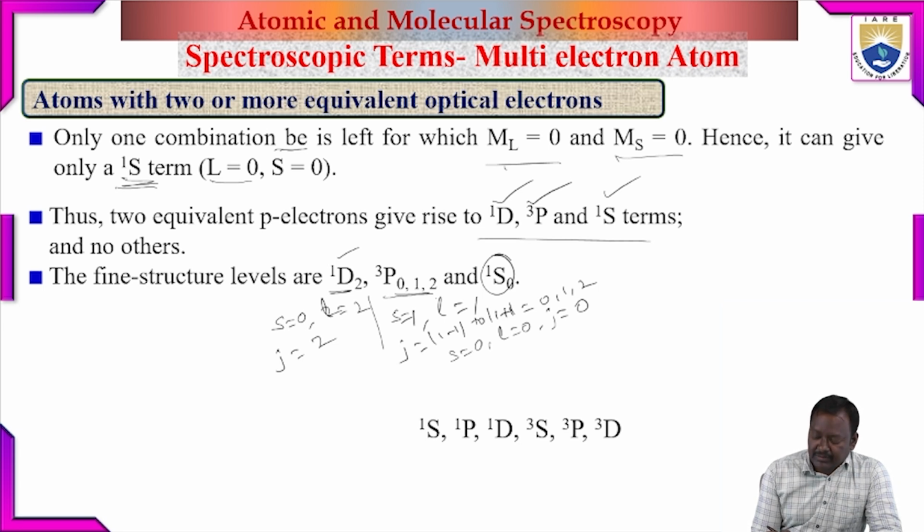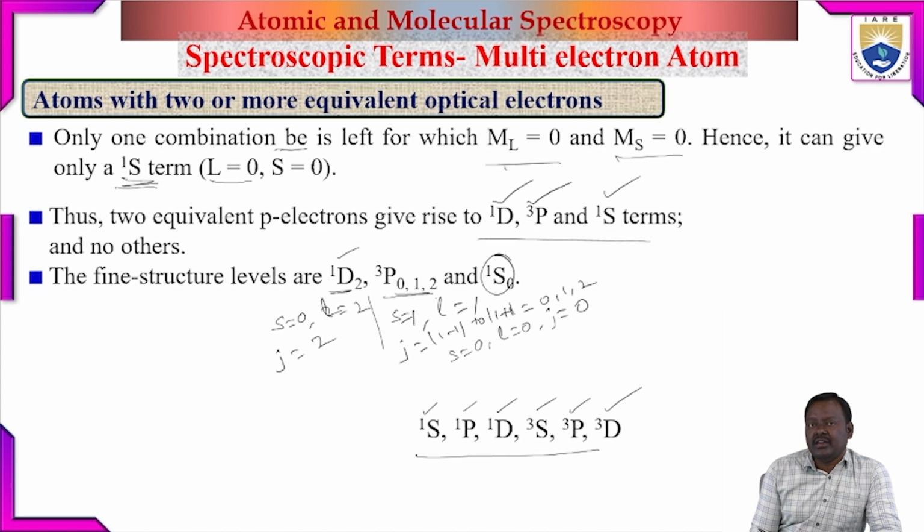And if we observe the states of electrons for the non-equivalent electron configuration, they are like this. Whenever we see spectroscopic terms for non-equivalent electrons, these are the terms: 1S, 1P, 1D, 3S, 3P, 3D.